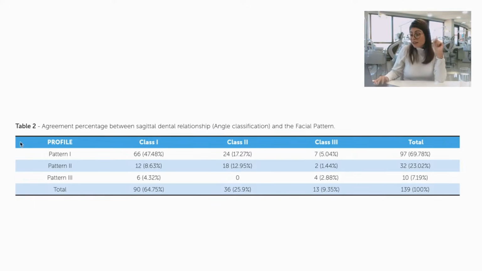Now, patients with pattern 2. A patient with angular retrognathism can also present a class 1. Look, 8% of the patients, the majority will present class 2, a small part class 3. And patients with pattern 3, the majority will present class 1 and not class 3.